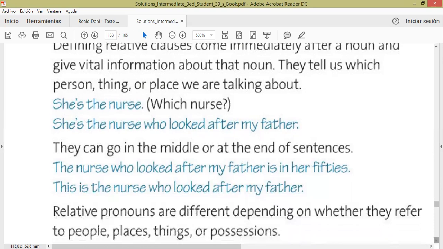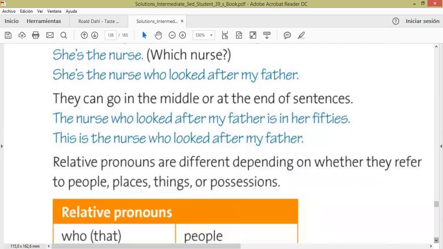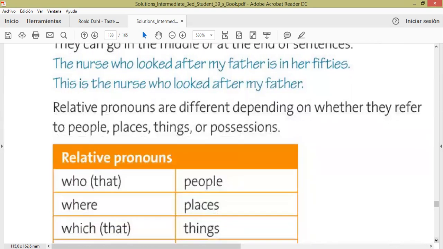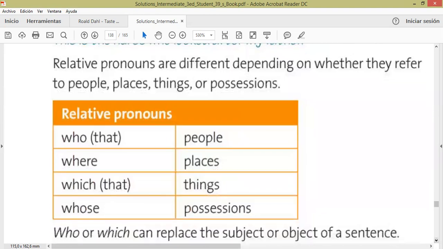Let's continue. Relative pronouns are different depending on whether they refer to people, places, things, or possessions. Here we have a short list. We have who or that to refer to people. We have where to refer to places.